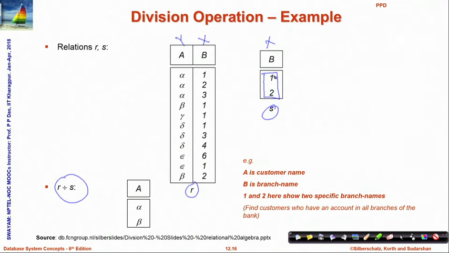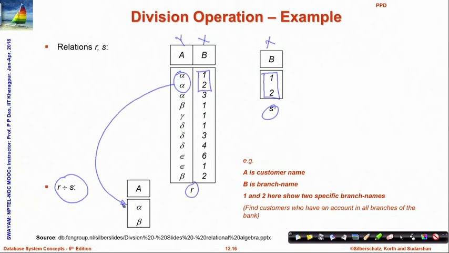All the values that I have over x, I must have those values in the relation R. If I do, then the particular tuple matching on the attribute y goes on to the result.